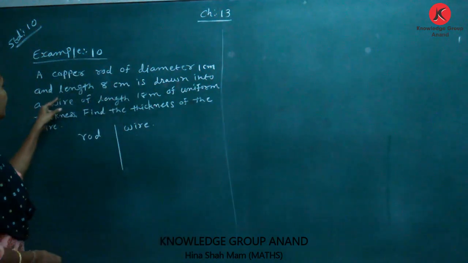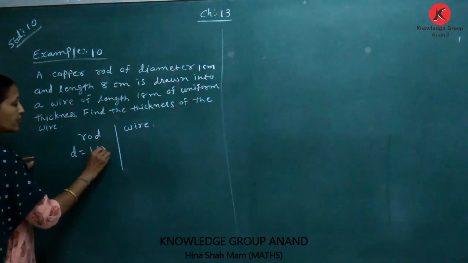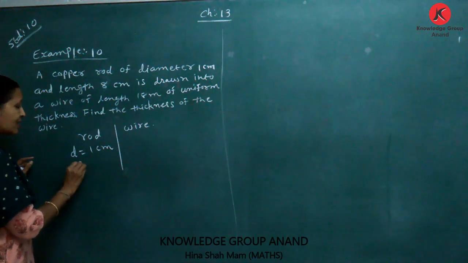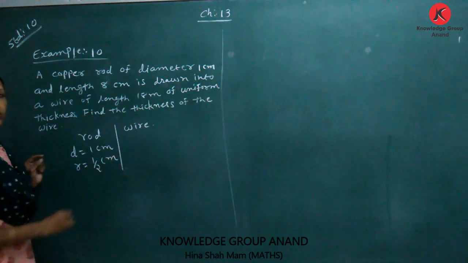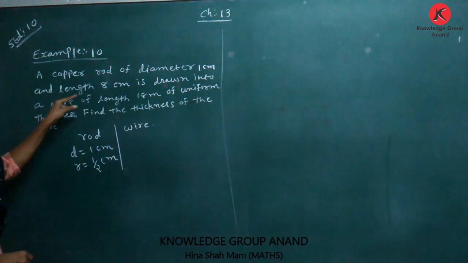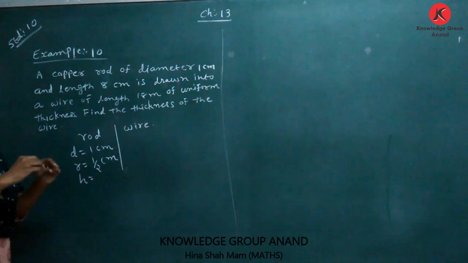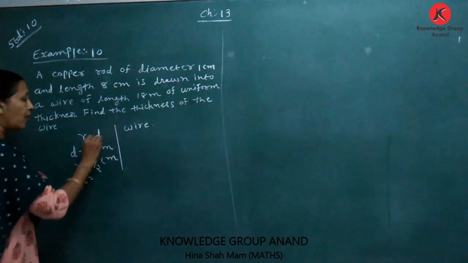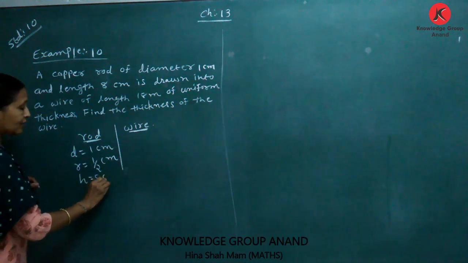Copper rod of diameter 1 centimeter. Rod diameter is equal to 1 centimeter, therefore its radius is equal to 1 upon 2 centimeter, and length 8 centimeter. That means the length of the rod is the height of the cylinder, equal to 8 centimeter.